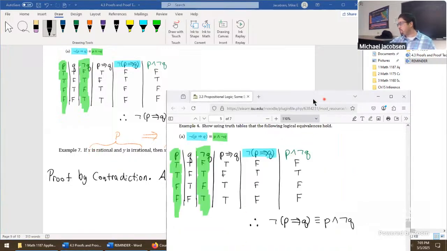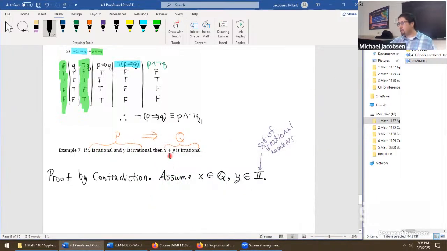Then for the next part, let me minimize that properly. We assume, let's see here, the negation of Q. There's Q, so let's negate it. Also assume X plus Y is rational.